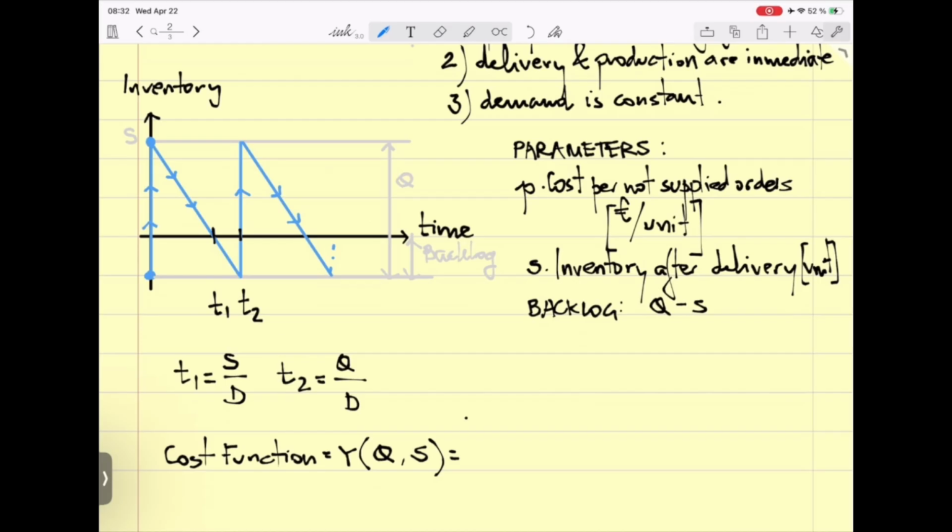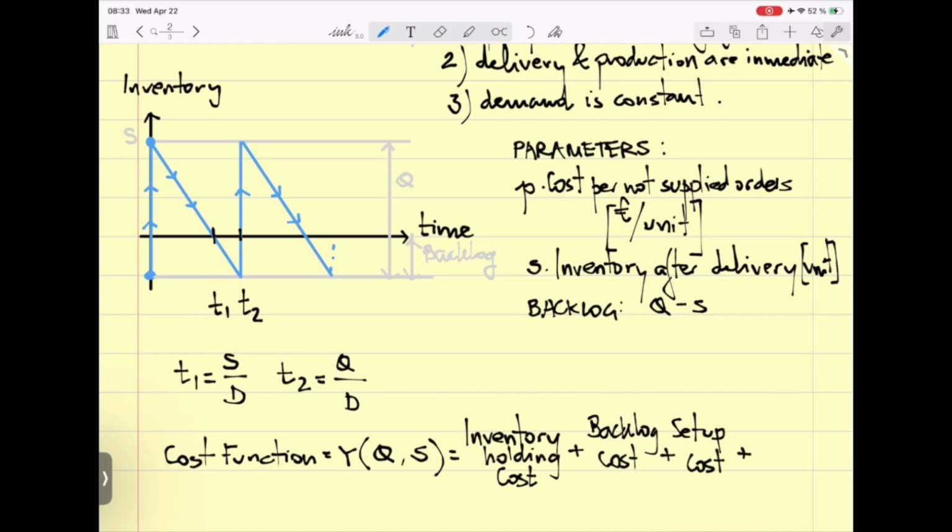So we have some inventory holding cost, some backlog cost, some setup cost, and some production cost.